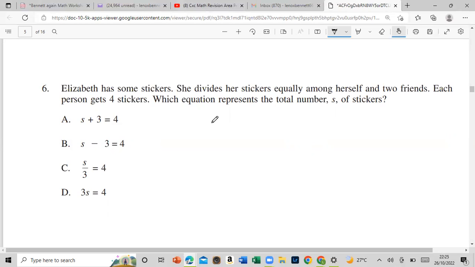So the first thing, it's 2 friends plus 1, because this is she, Elizabeth, to make the third person, and our 2 friends. So that's a total of 3. So when you divide it by 3, that's what it really means. You divide it by 3, it must equal 4. Let's see which one of these expressions fits it. There we have it. C.